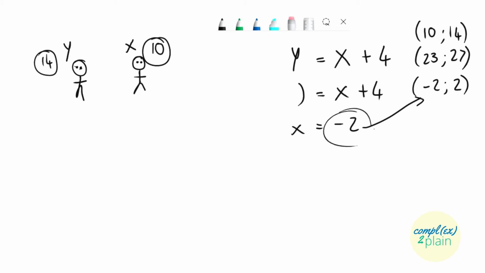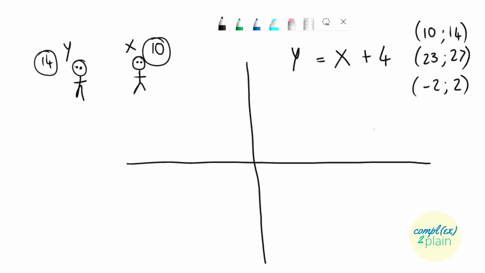Now, let's plot this. So minus 2, 2 is going to be over here somewhere. Then I'm just going to fake it that we've actually drawn this axis way up there. Okay, so you'll have this straight line. And now you could read your ages off the graph.